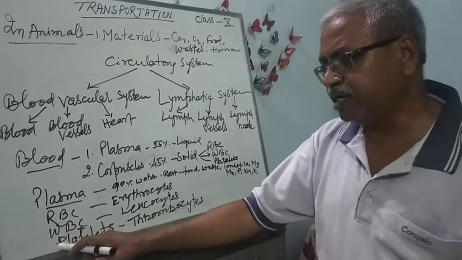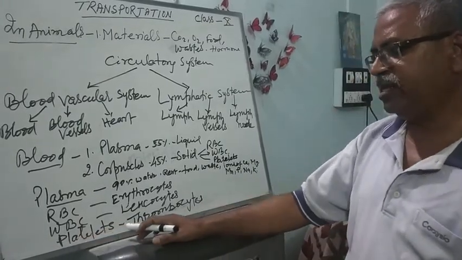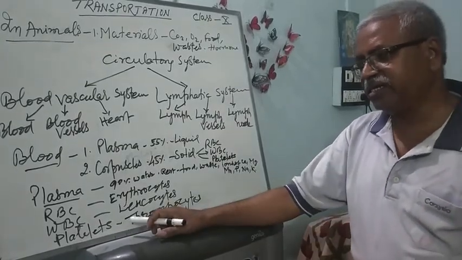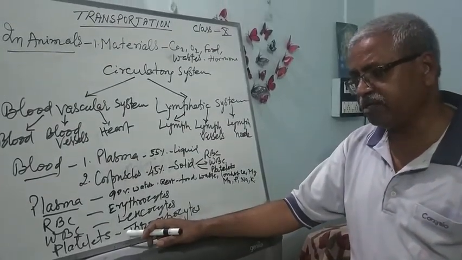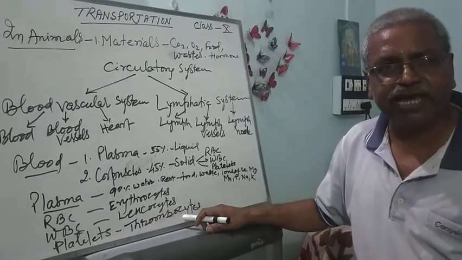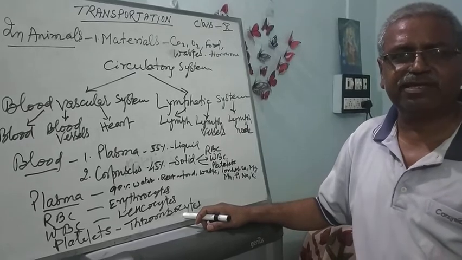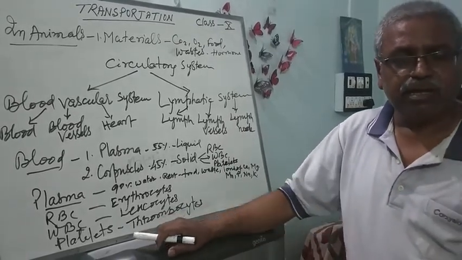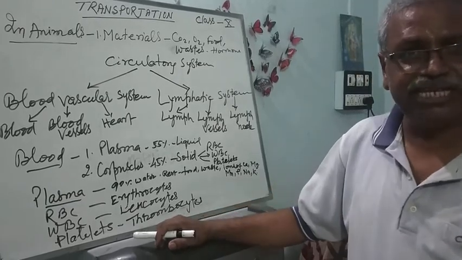And the third component is known as platelets. Platelets are biologically known as thrombocytes. It is a fragment of red bone cells.